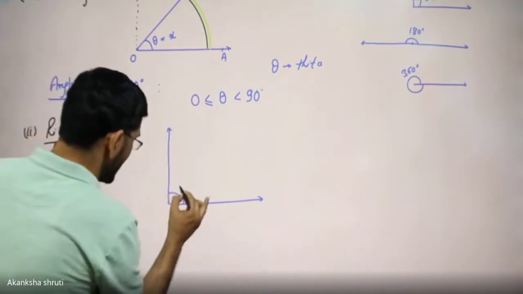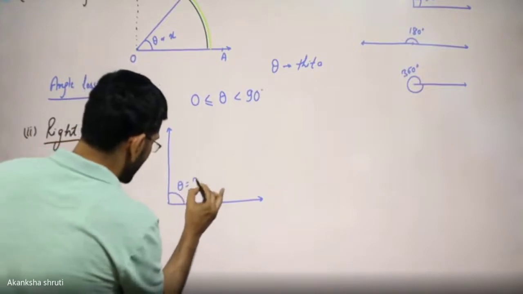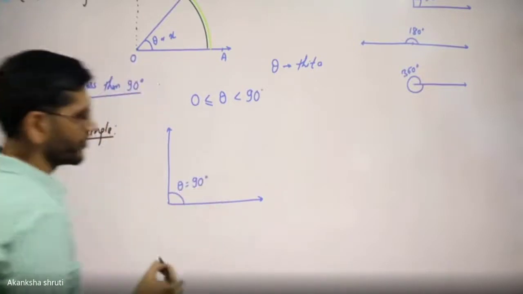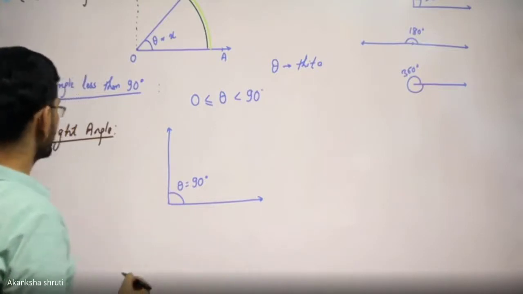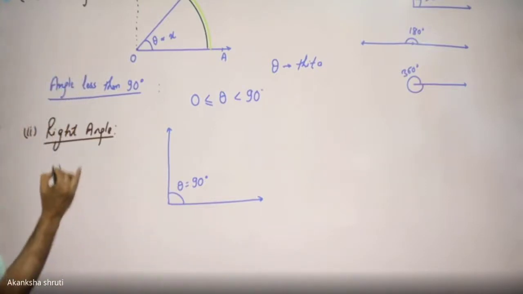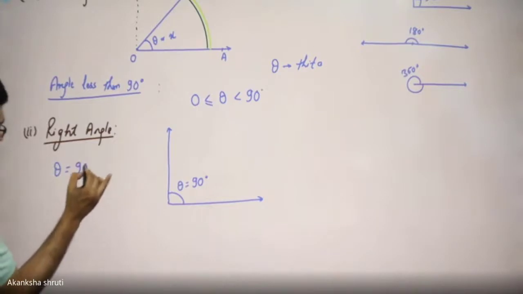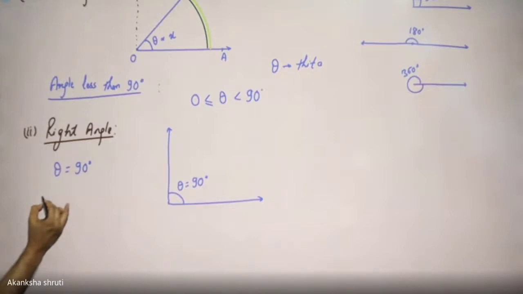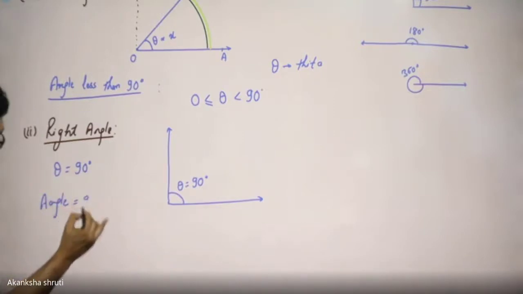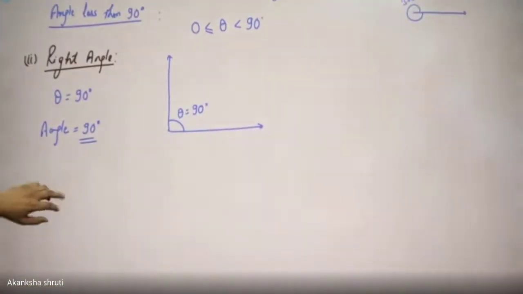At this time, this angle has the fixed value, only and only 90 degree. So the theta should be 90 degree. Students, means the angle value should be 90 degree, only one value. It is called a right angle.